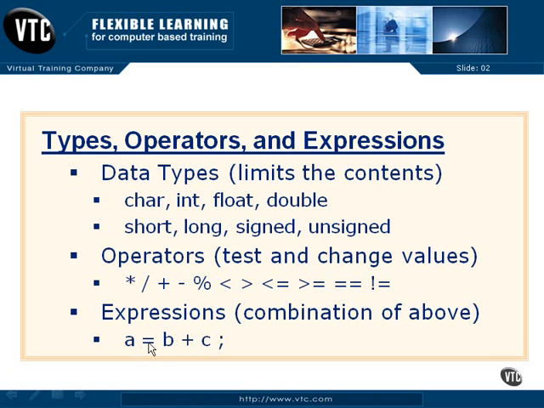You'll see that is set equal to the result of this variable, or it could be a constant, we don't know yet at this point, added to this variable or constant. Of course, we have our semicolon that marks the end of a statement. So that's the section that we're taking a look at now, types, operators, and expressions. So hang on and go on to the next section here, and we'll dig into this in some detail.